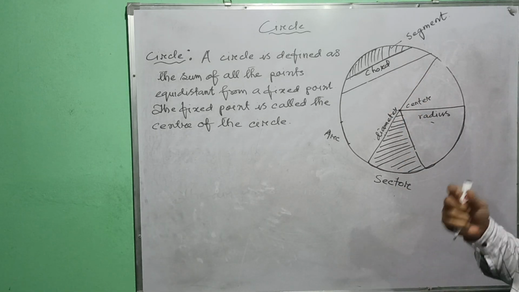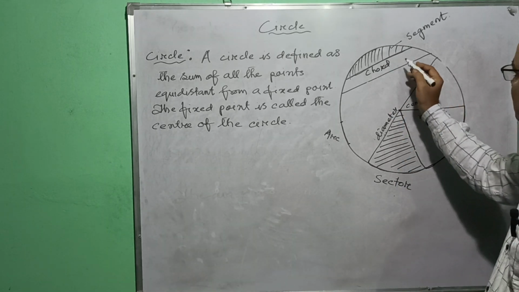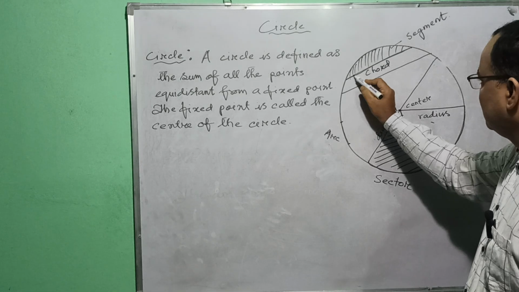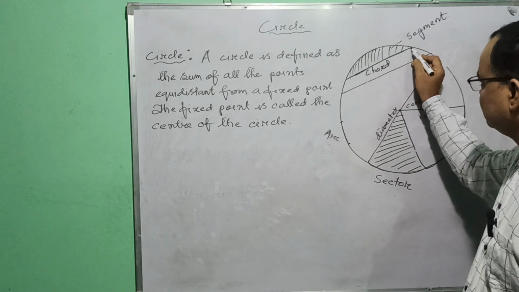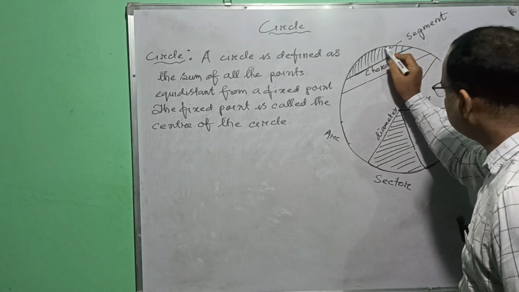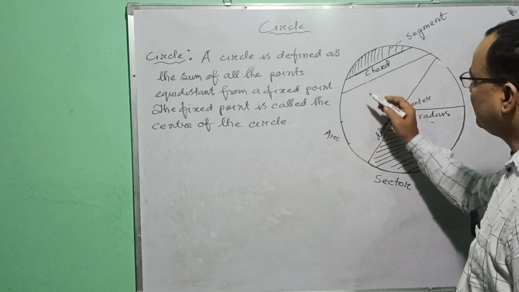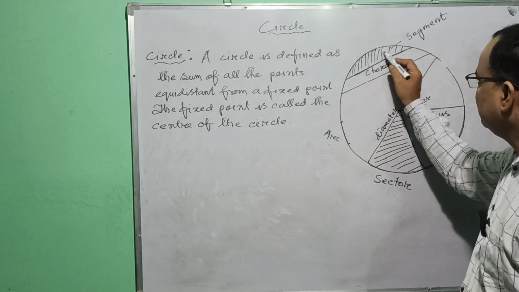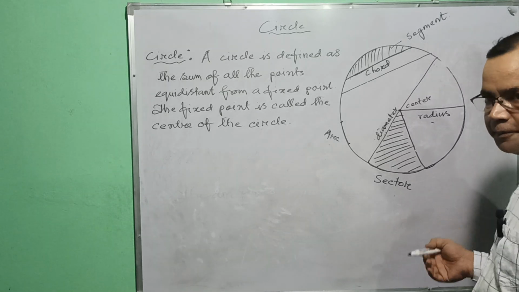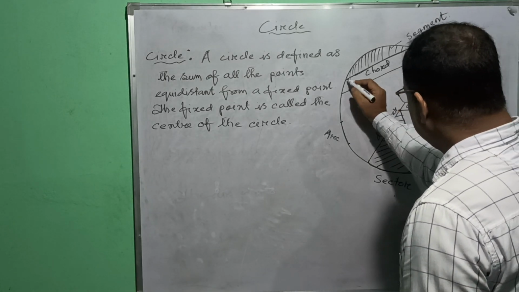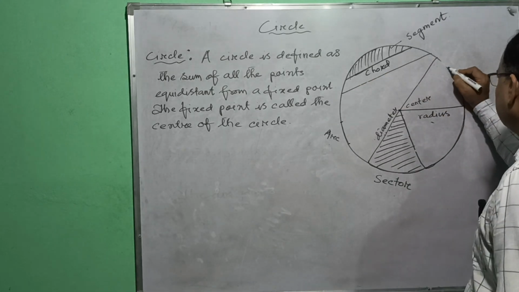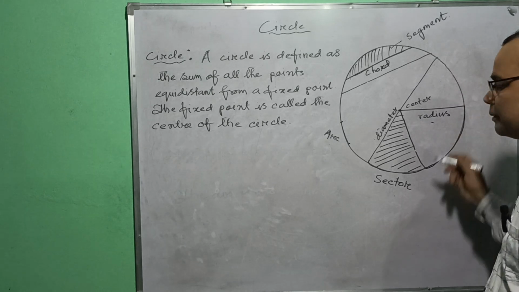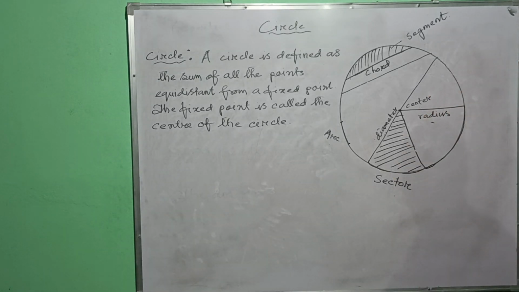A segment is the area bounded by an arc and the corresponding chord. So this area is called the segment. So here we can draw from anywhere, segment we can draw from anywhere of the circle.